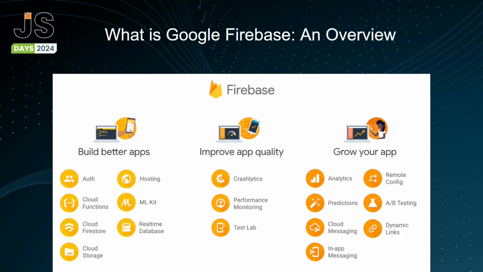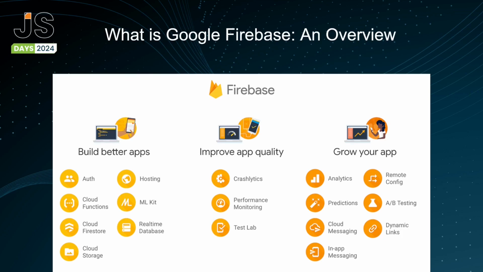You can also use Firebase Authentication. This is the service we are going to cover in this session today. The Google Firebase Authentication service simplifies the authentication process, offering secure and customizable methods to authenticate users in your application.